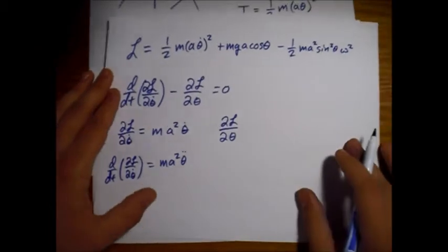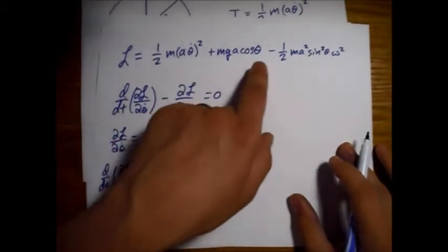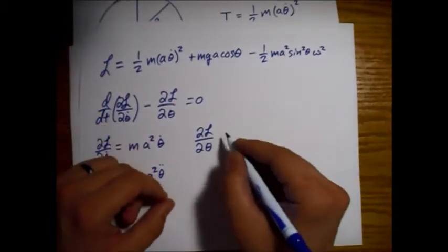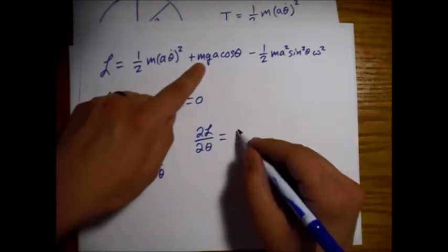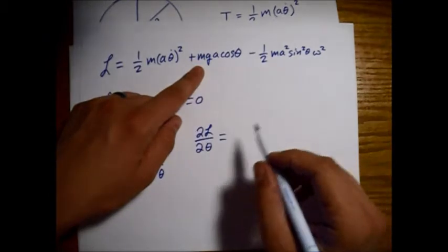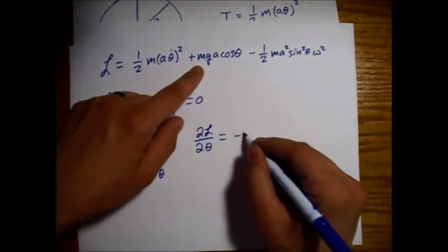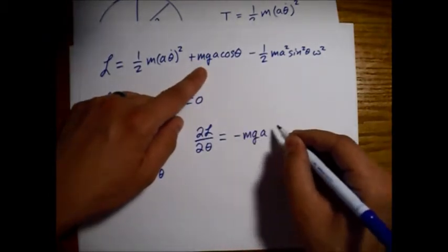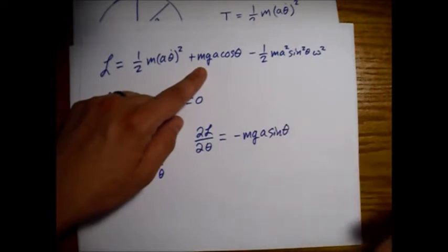We'll take the partial derivative of this with respect to theta. Here we are going to have the derivative of the cosine will just give us a minus sign. So minus mga sine of theta.